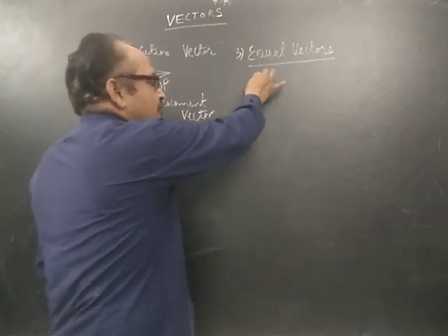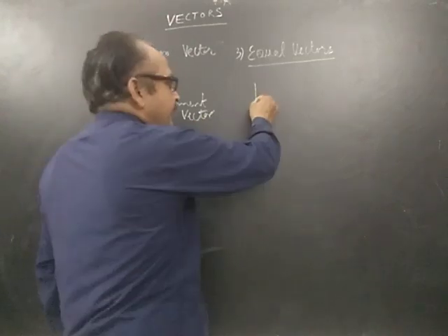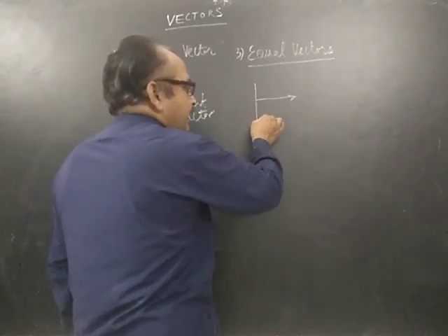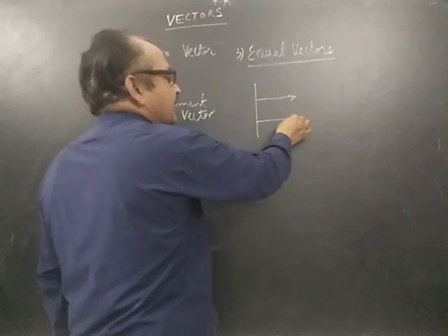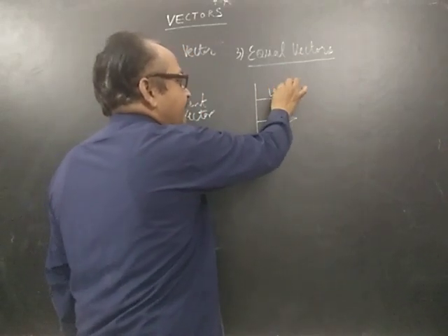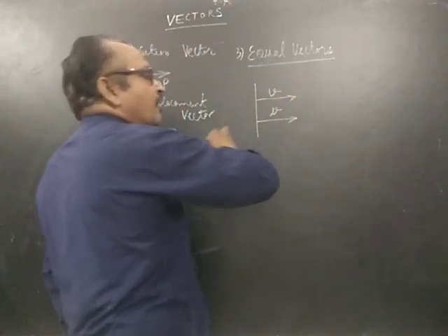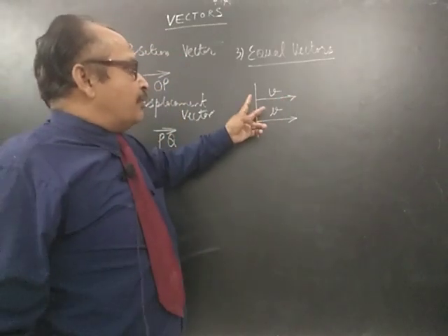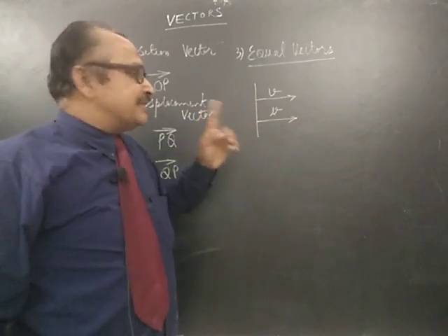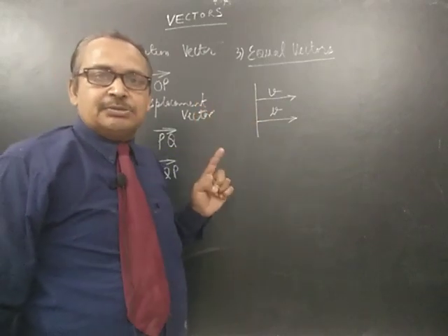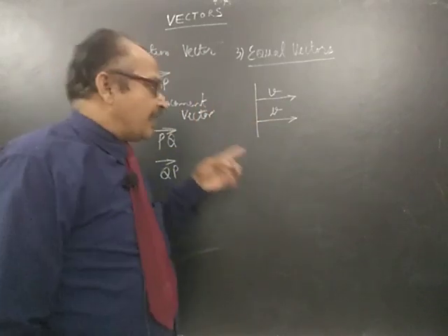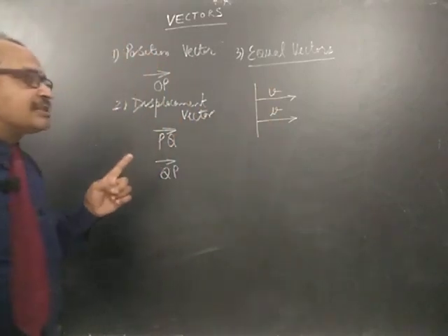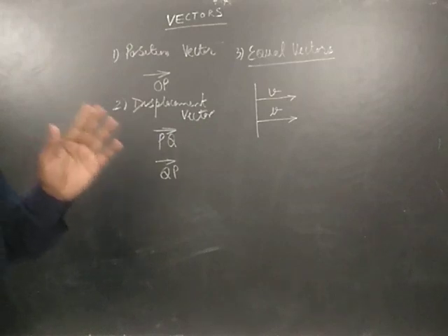Suppose a person is running in this direction, and another person is running in this direction, and suppose they have the same velocity also, because the magnitude is the same and the direction is also the same. So this is the example to understand equal vectors.